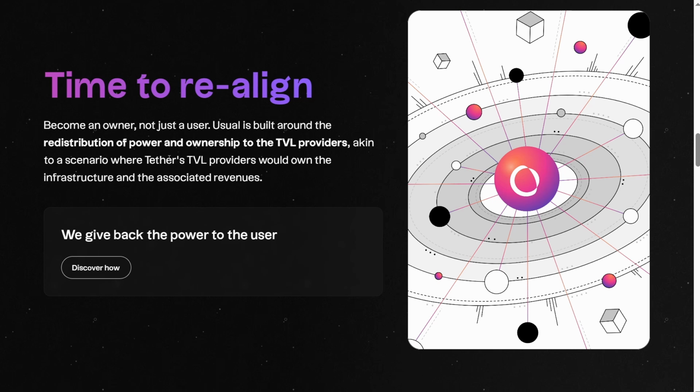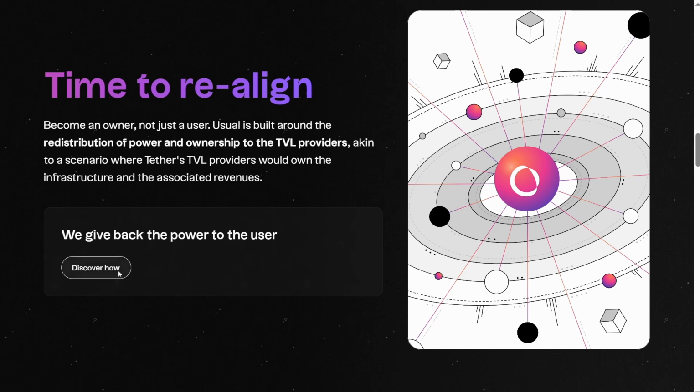Usual is built around the redistribution of power and ownership to the TVL providers, akin to a scenario where Tether's TVL providers would own the infrastructure and the associated revenues. Usual aims to share profits with Usual token holders, unlike USDT or USDC.